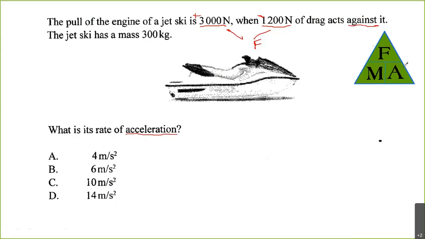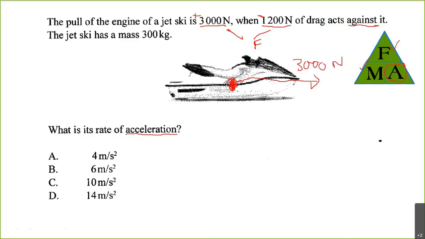So in order to find acceleration, we need to know the force and we need to know the mass. Well, we already know the mass, but the force is actually a resultant force because there are two forces acting on this engine. If we turn this into a force diagram, the pull of the engine is the thrust, and that value is 3,000 newtons.